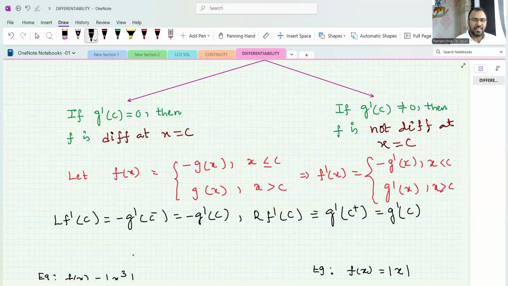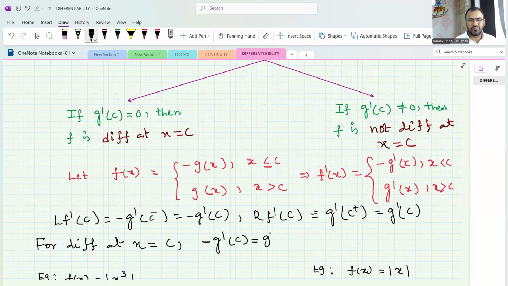Now you see, for differentiability at x equal to c, we must have the left hand derivative equal to the right hand derivative, so that you will get g dash of c equal to 0.